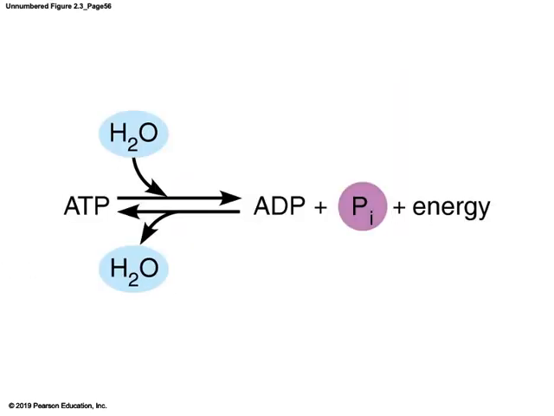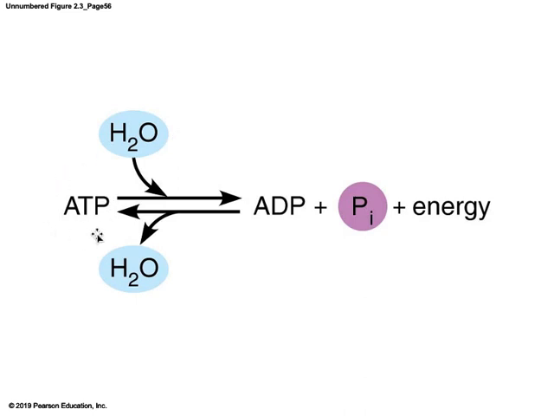I would also suggest writing down this particular formula. What we're showing, of course, is a hydrolysis reaction here. With this arrow, we are showing a dehydration synthesis. So, we've seen this before. That's not the most important thing here.